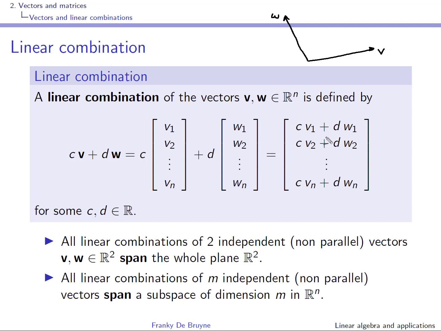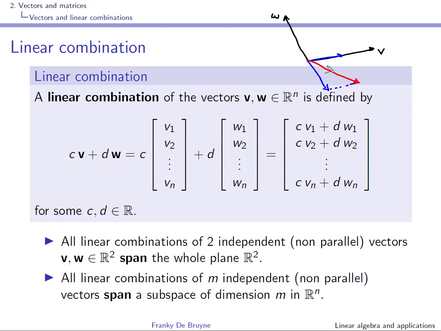I'll take a linear combination, I'll multiply V by a half, so this produces this vector over here, and I multiply W by minus a half, so this produces a vector that goes in this direction. And now I add the two, this will produce the vector that is over here.